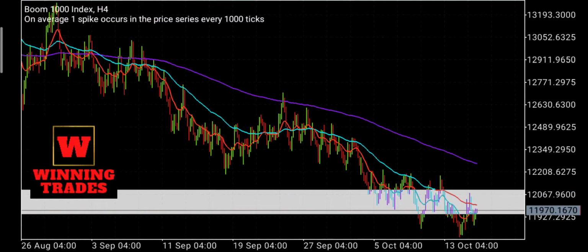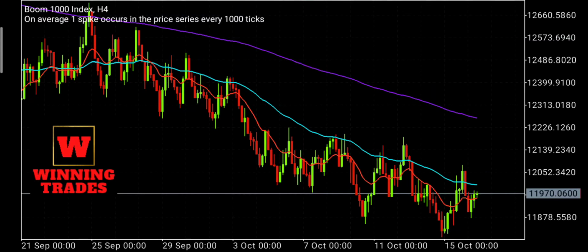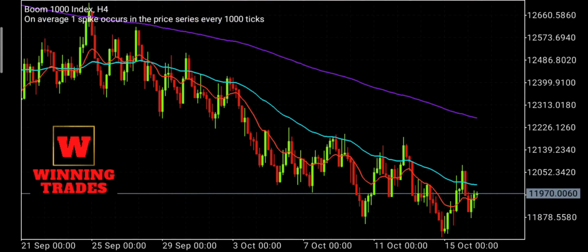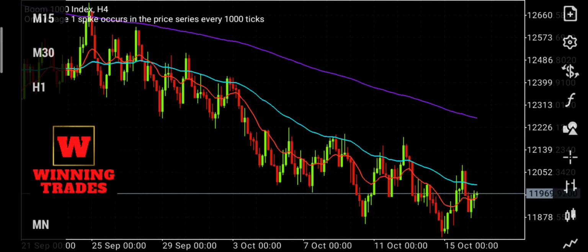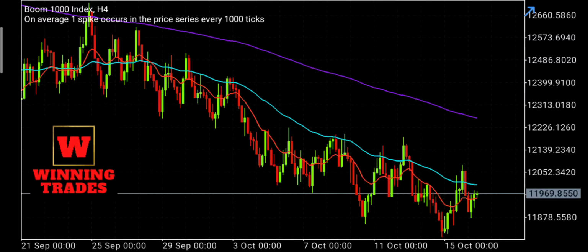Let's see H4. Okay, so we can see H4 right now. Let's take this out. This is H4. On the H4, we are currently seeing that we have a morning star formation here.